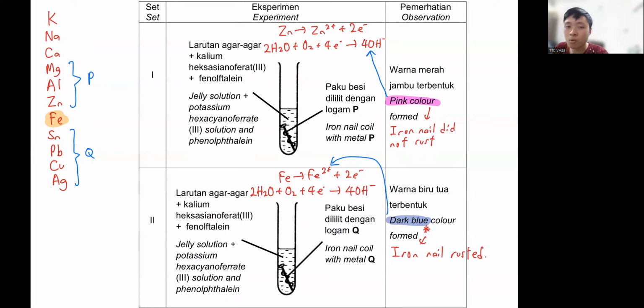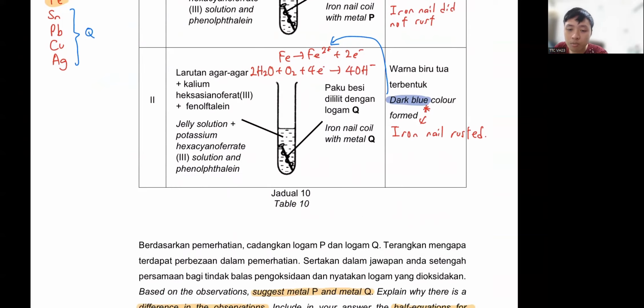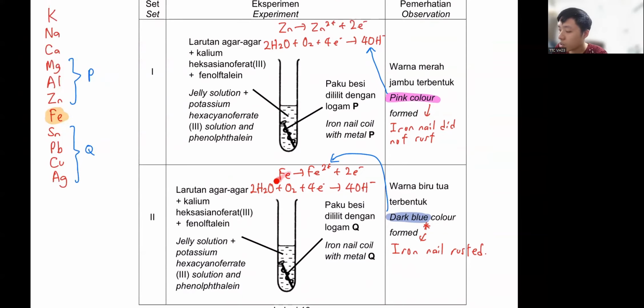And the equation also, you know, anode and cathode. Anode is where Fe donates electrons to become Fe2 plus. This shows that iron will rust. So cathode is where, remember how iron rusts?